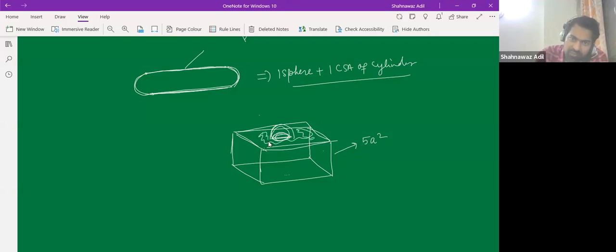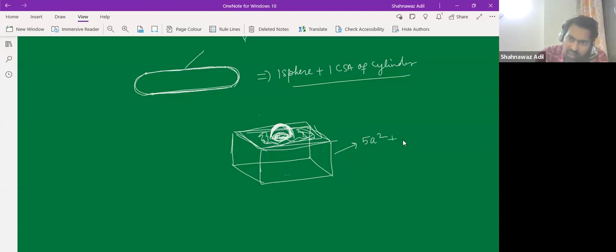This is added. Surface area is always added, right? We'll talk about the hemispherical one later. We are only talking about this cube one. The cube had this area a square, but this area is reduced by this much. This area has been covered.